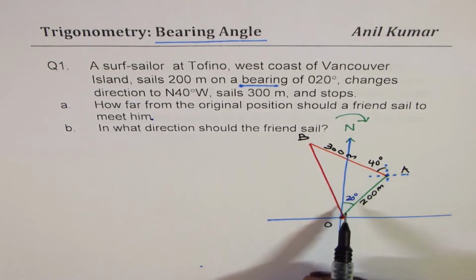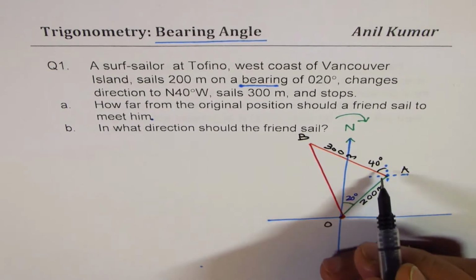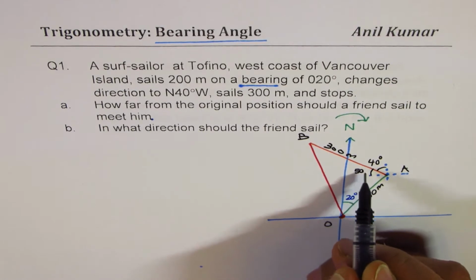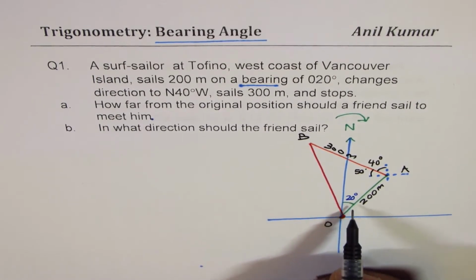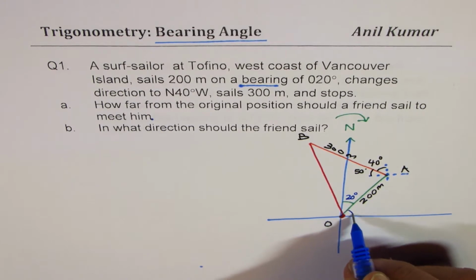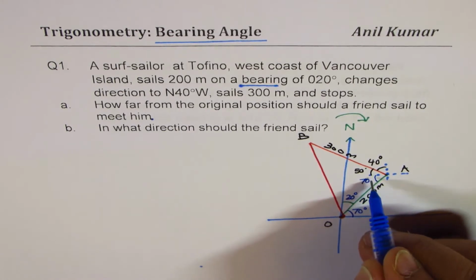Now given these angles, we can find the angle at A. 40 degrees means with 90 that becomes 50 degrees for us, right? Now this is 20, that means this angle is 90 minus 20, which is 70 degrees, and alternate angles 70 degrees, correct?